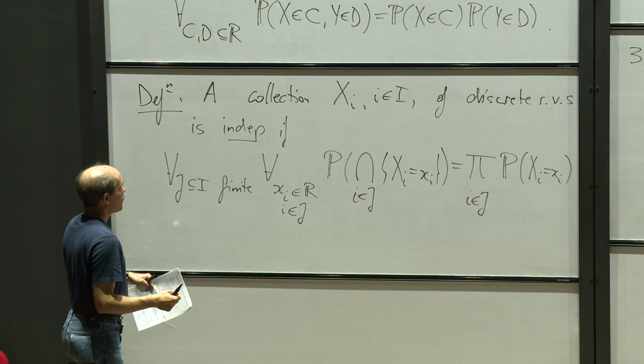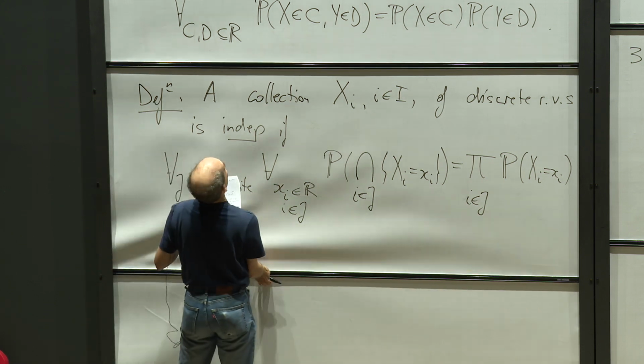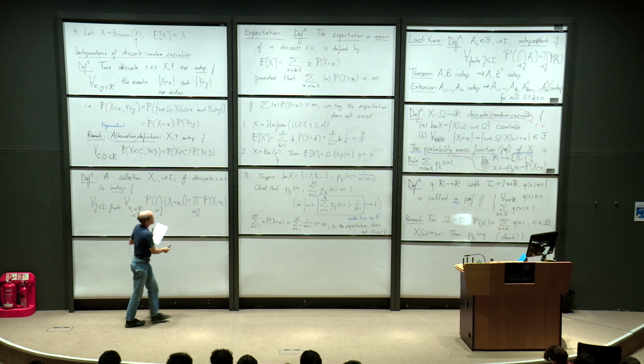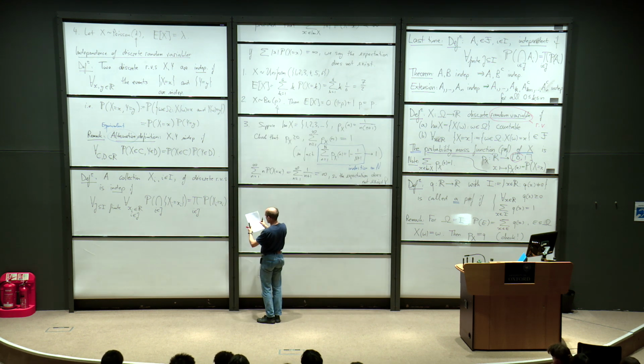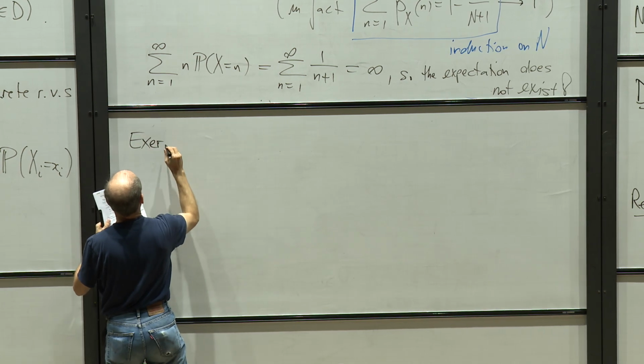Right. So that just leaves enough time to give an example here. So independence is here. So if I move over here, I can say, let's go back to our binomial distribution.